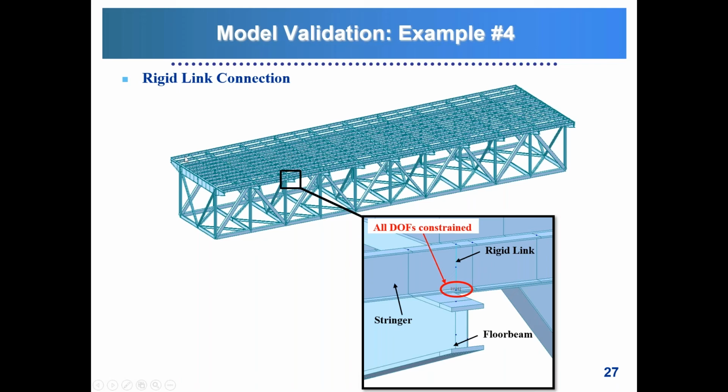So these stringers are continuous over the floor beam. So we were expecting typical positive moments between floor beams, and then seeing that big negative moment at the floor beam locations.